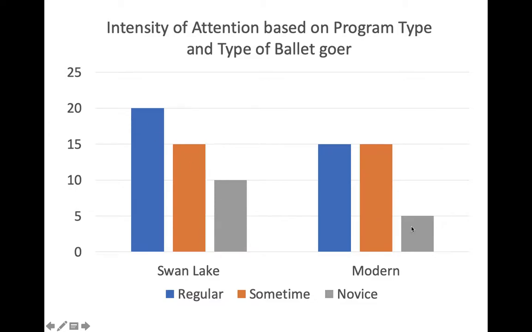It would otherwise be a similar pattern if the sometimes bar was at this level, but it's not. Here's the modern ballet. People that go sometimes pay just as much attention as the regular attendees, but novice attendees pay less attention.